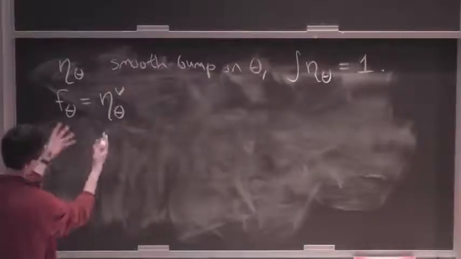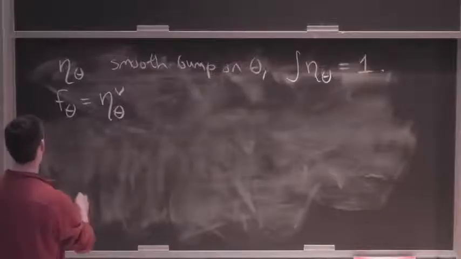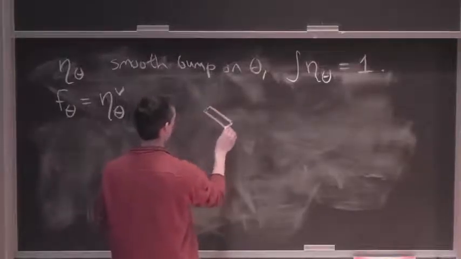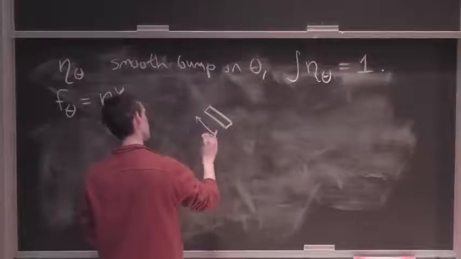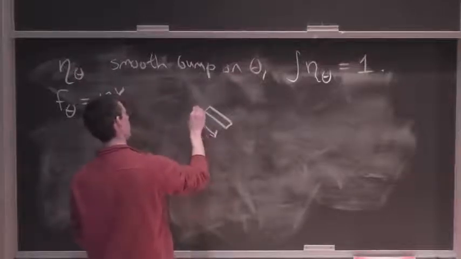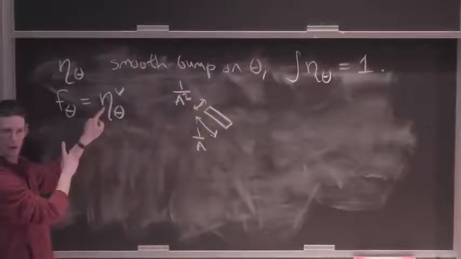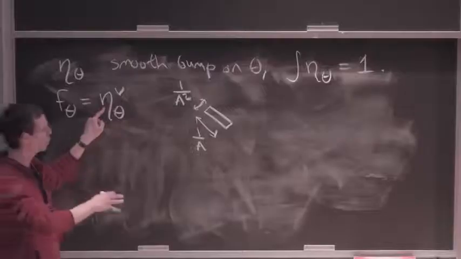And so let me describe to you what f theta is like. So if theta is a small rectangle like this, where this direction is 1 over a, and that direction is 1 over a squared, then its inverse Fourier transform will be essentially supported on the dual rectangle.